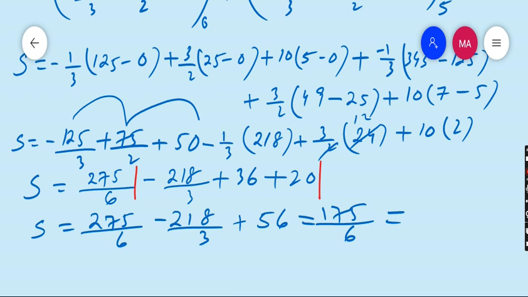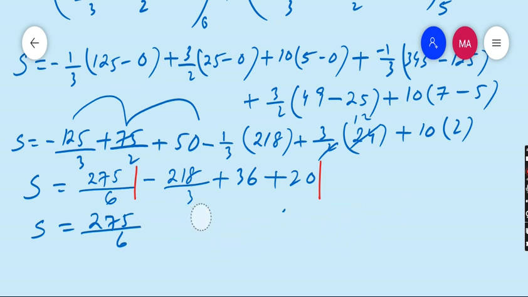I am rubbing this. Plus, first we have to solve minus 218 plus 36 plus 20, which is minus 50 upon 3.